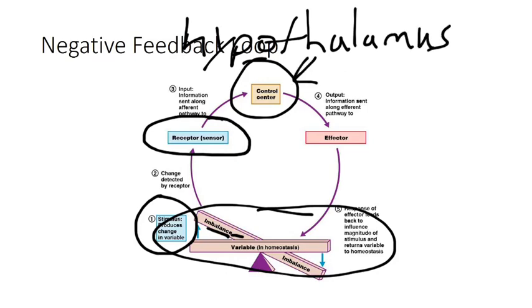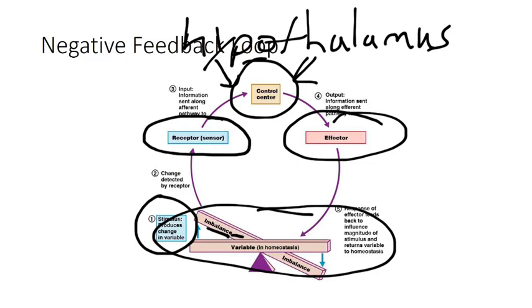The hypothalamus will sense the change away from the set point, the change away from homeostasis, and it will send out some kind of message. Could be a nerve signal, could be a hormone, and that signal is going to go out to an effector, some type of structure in the body that can cause a change. That change will cause the seesaw to move back down.